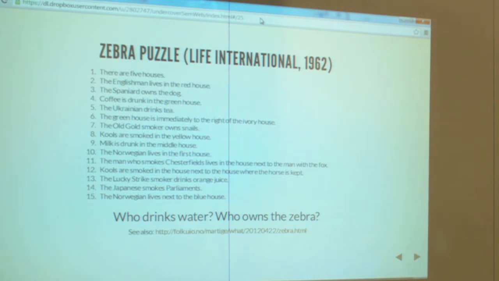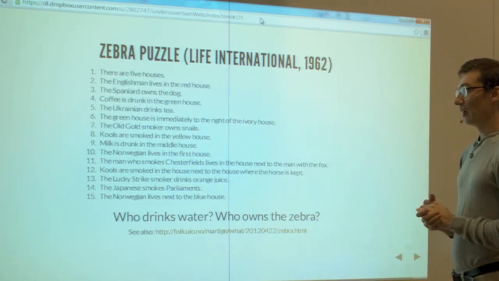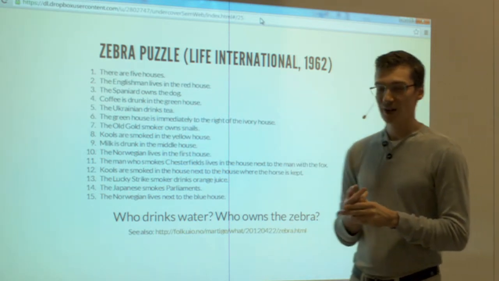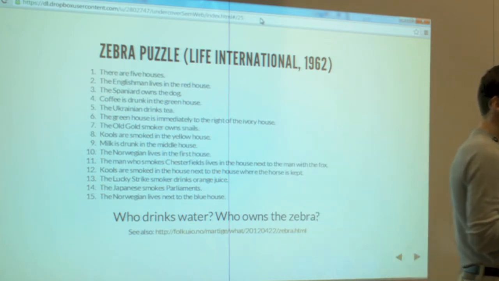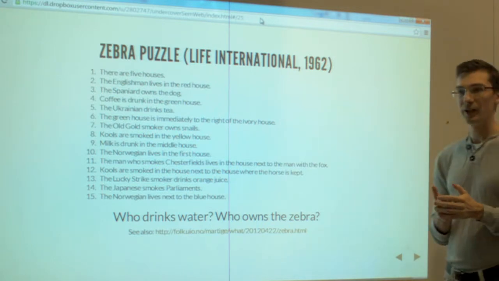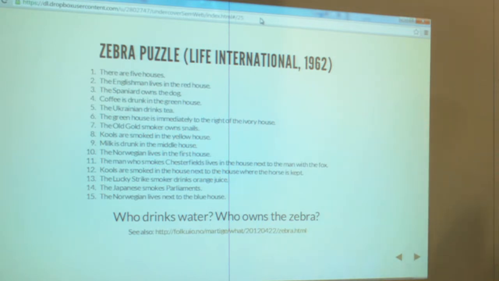So the problem is like this. There are 5 houses, 5 people of different nationalities who live in them. Then they have 5 favorite drinks, they have 5 kinds of pets, and the houses are painted in 5 distinct colors. So there is one-to-one correspondence to each group.